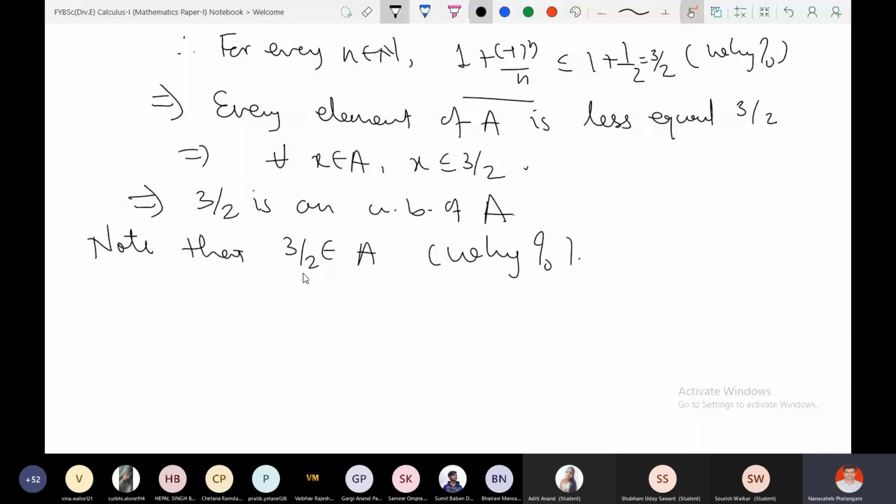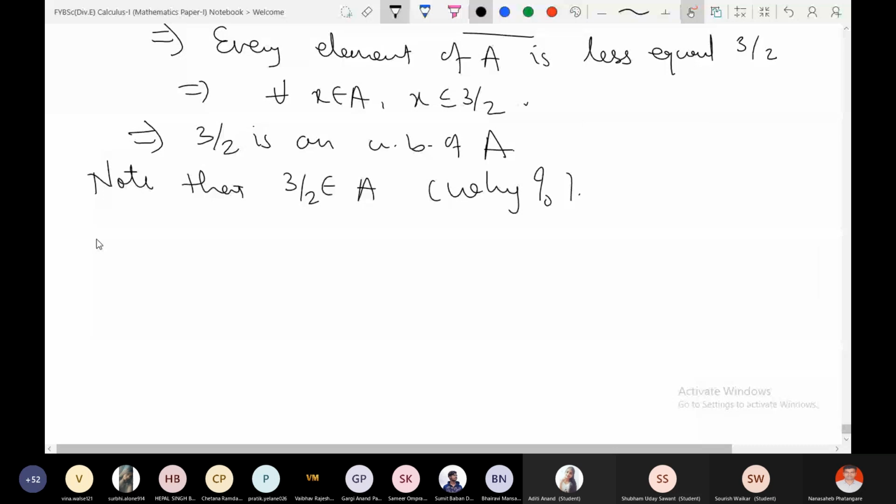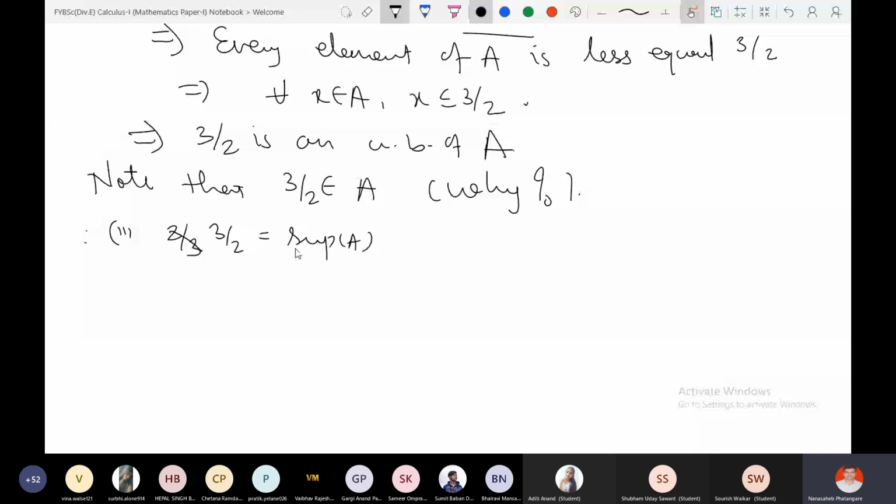Sometimes you believe that this is true, but think about the reason why. Because for n equal to 2, it is a member of the set. Therefore, how to prove that 3 by 2 is the supremum of A?